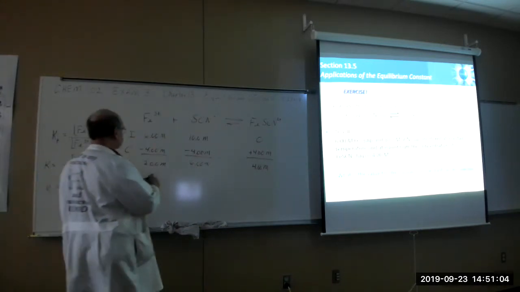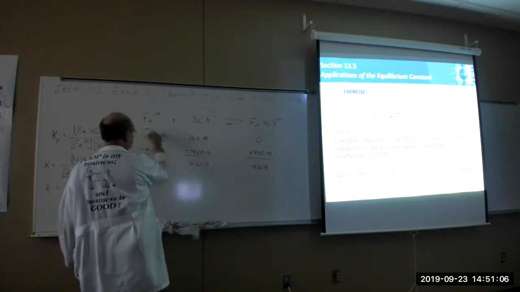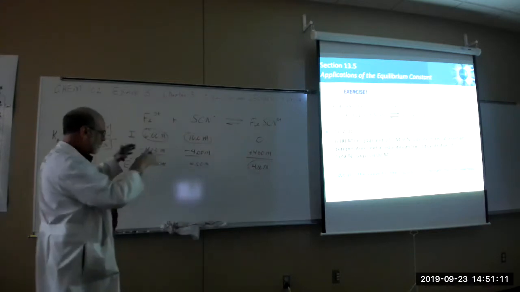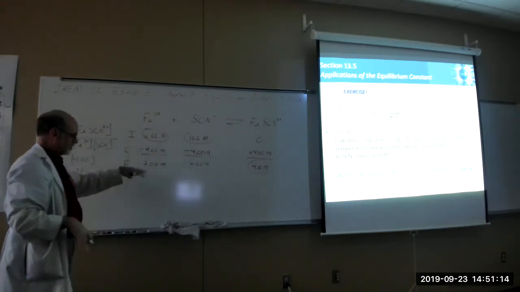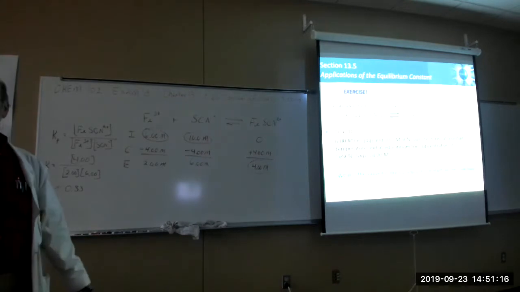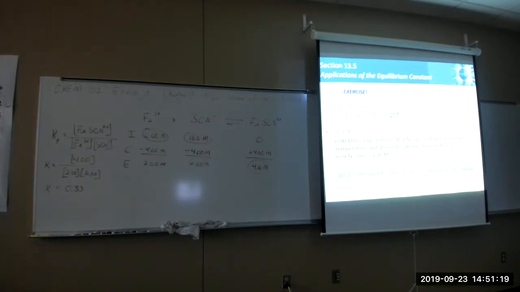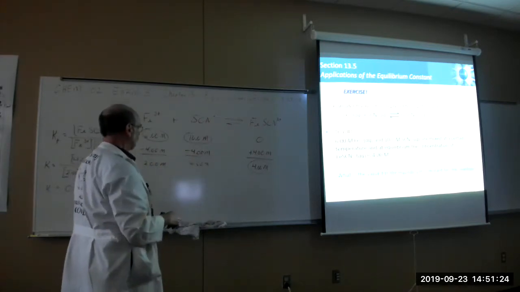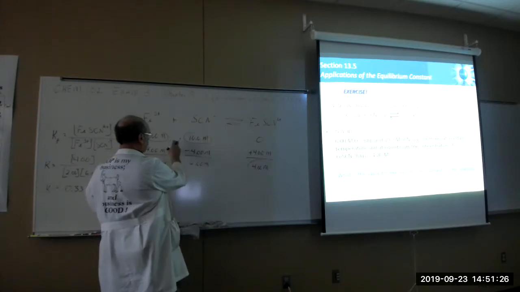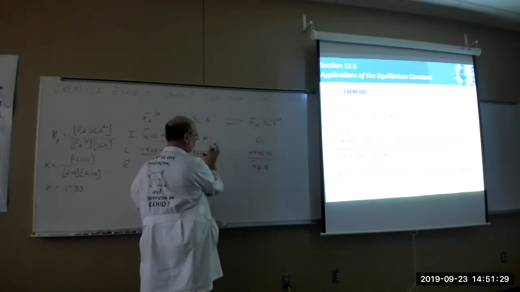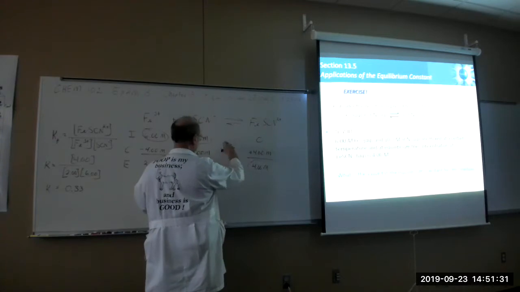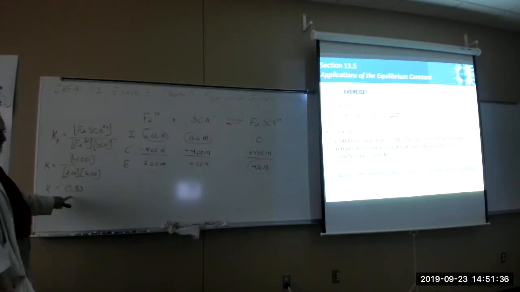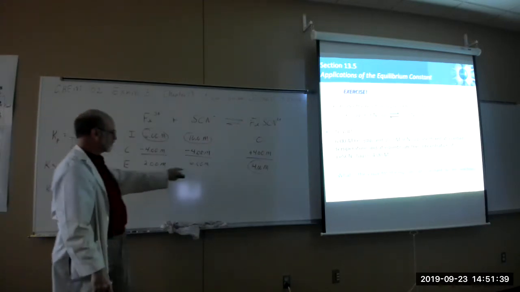So we were given this one and that one, and we used this ICE table to deduce the other parts that we need. They don't always come like that. Sometimes you might be given this one, and of course that one, and you might be given this value and asked what the concentrations of these other guys are.